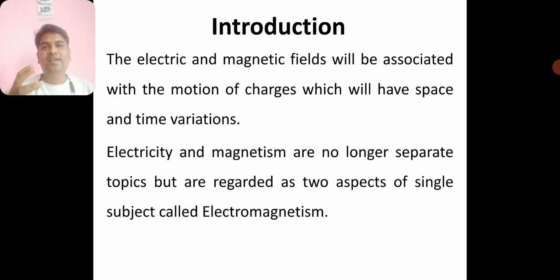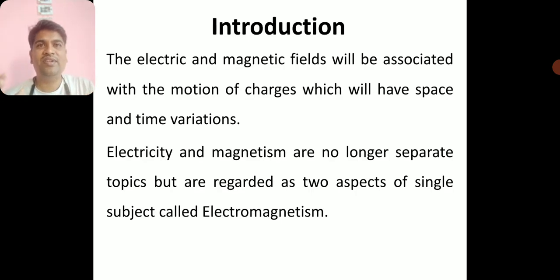Now this explanation of the electric field and the magnetic field, their interaction with each other and with other objects, and the influence of these objects on the fields, was beautifully explained by the scientist James Clerk Maxwell. I'll repeat this.